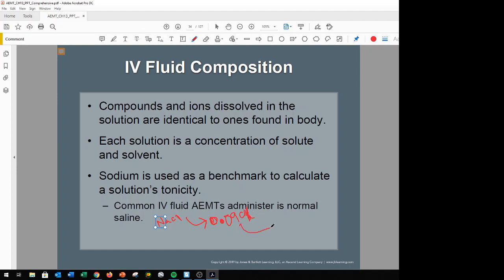And it just so happens that that matches perfectly with the cell. So we're not going to be drawing from that cell when we give normal saline. And that's what we need. Our fluid needs to be all intravascular. And that is why.